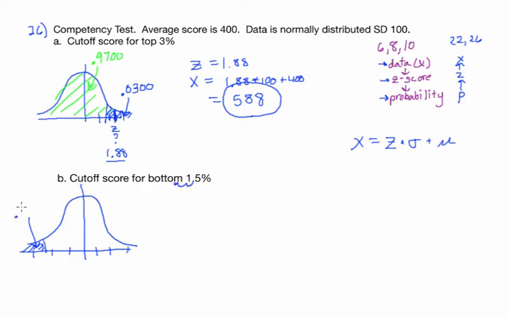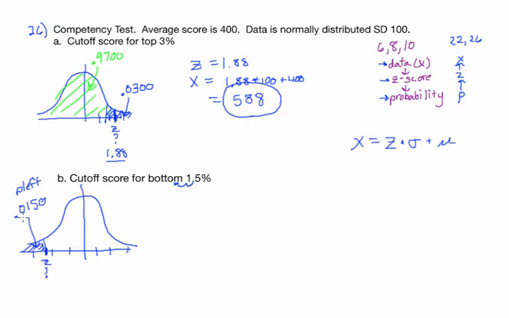So that'll be 0.0150. That's your probability that you're to the left. So that's the number that you want to look for on the inside of your table, where the probabilities are. Look for 0.0150. You're looking to find the z-score that gives you that probability.